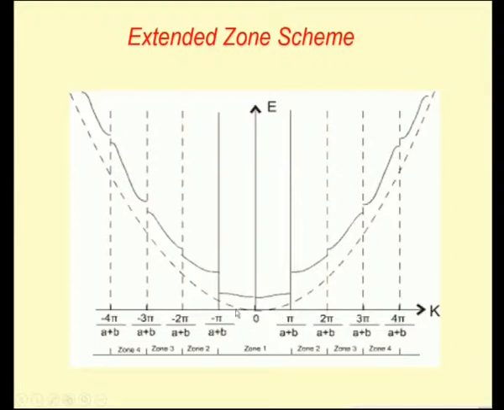And here, for all k from 0 to plus infinity and minus infinity, for the entire range the curve is sketched, but for all practical purposes the curve between minus pi by a to plus pi by a, this region alone is enough.